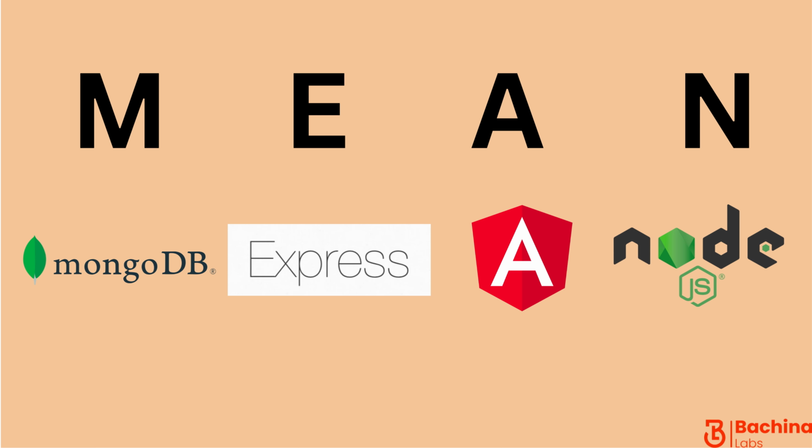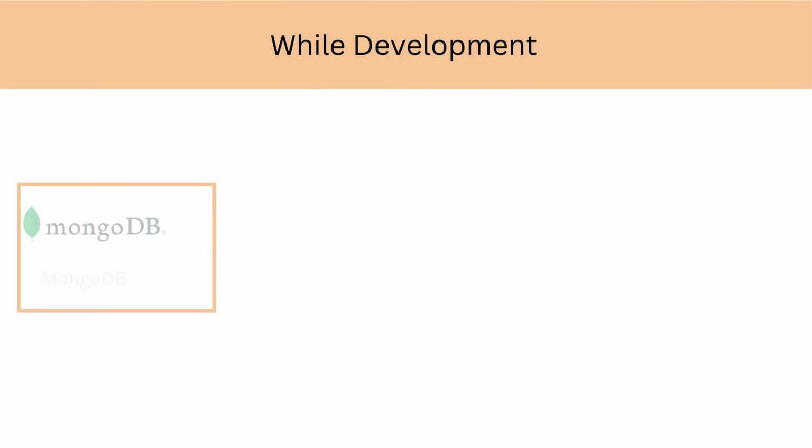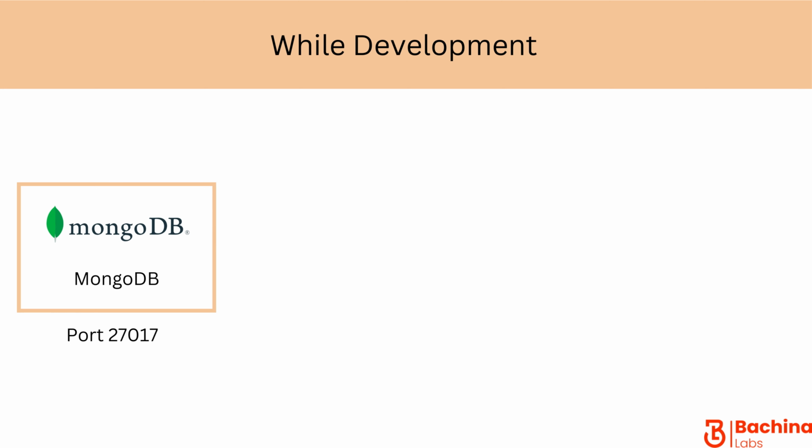Let's see what it takes to develop the MEAN stack on our local machine. First we need to install MongoDB, and when we run MongoDB on our local machine, it actually uses port 27017. And also we need to install Node.js, which we have seen in our first episode.